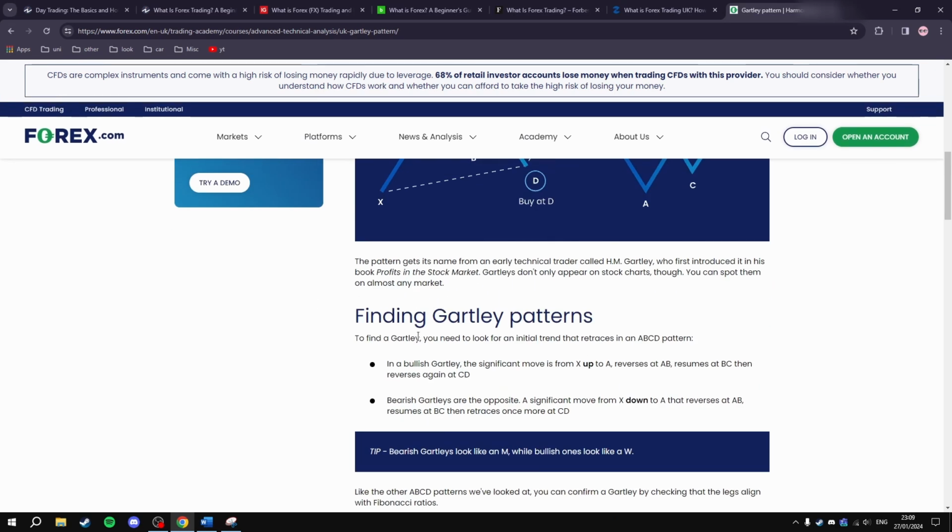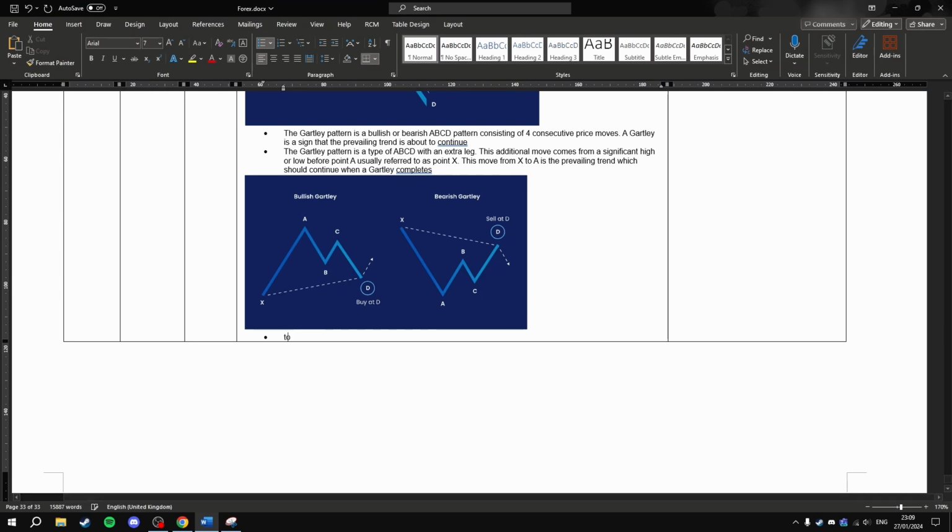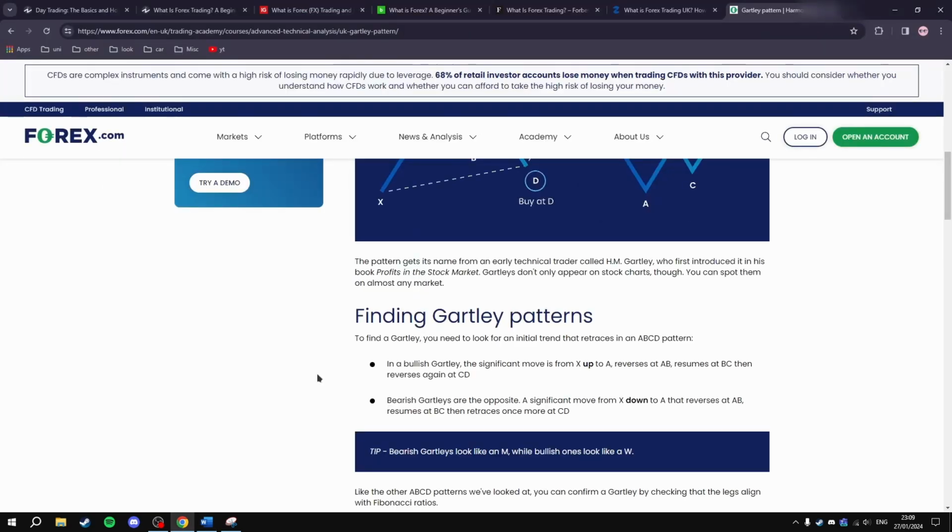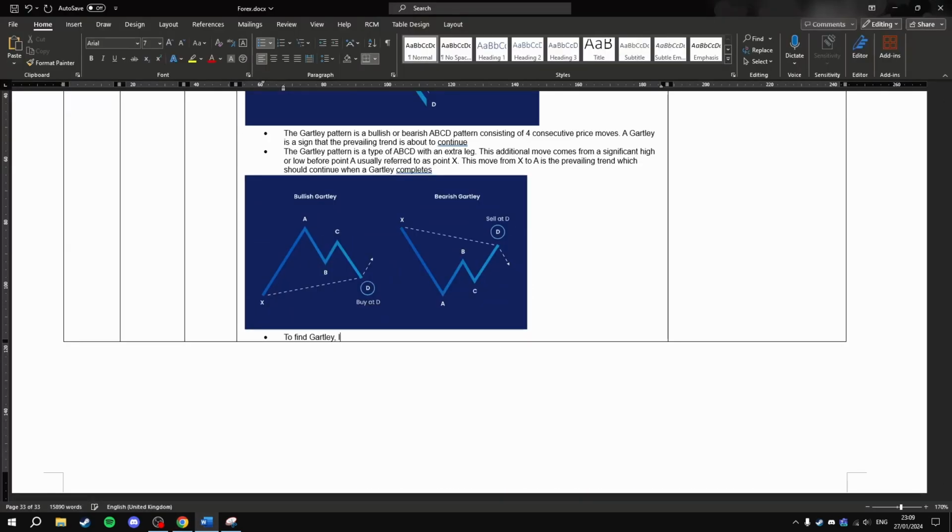Finding Gartley patterns. To find a Gartley, look for an initial trend that retraces in an ABCD pattern.